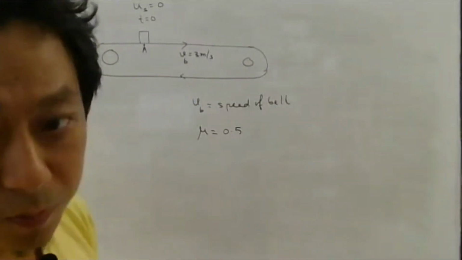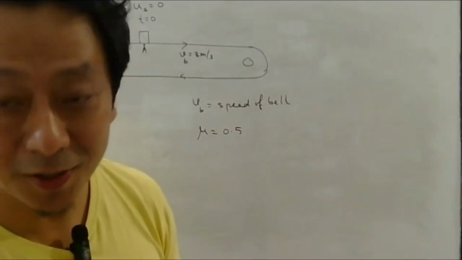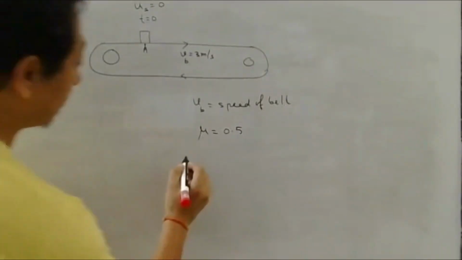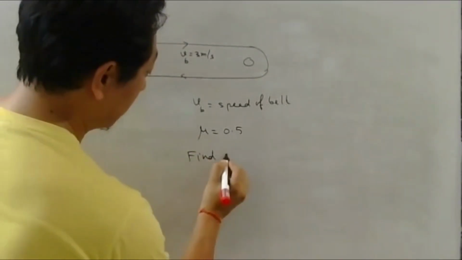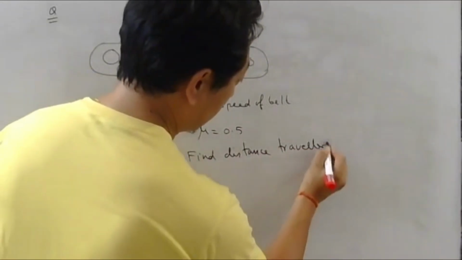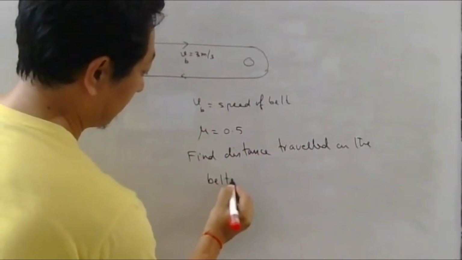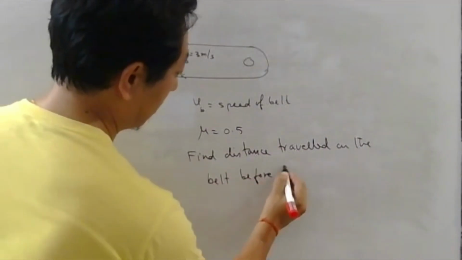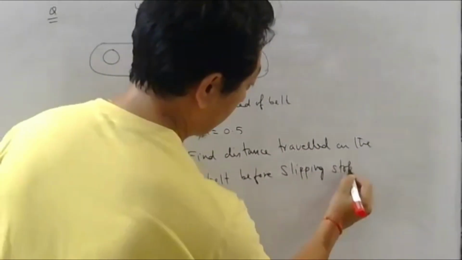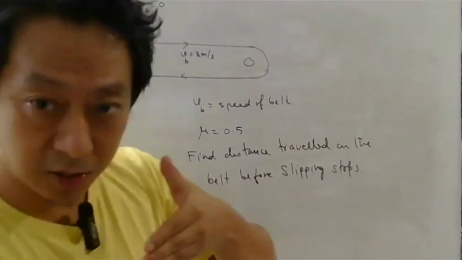Now the question is not properly worded. They should say rest on the belt. So basically what they should say is: find the distance traveled on the belt before slipping stops. Till slipping continues, you have to find how much distance it has moved.